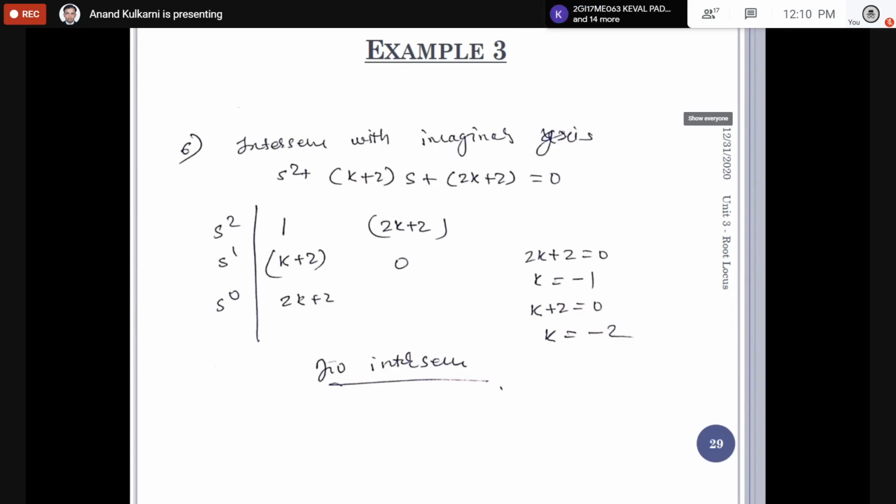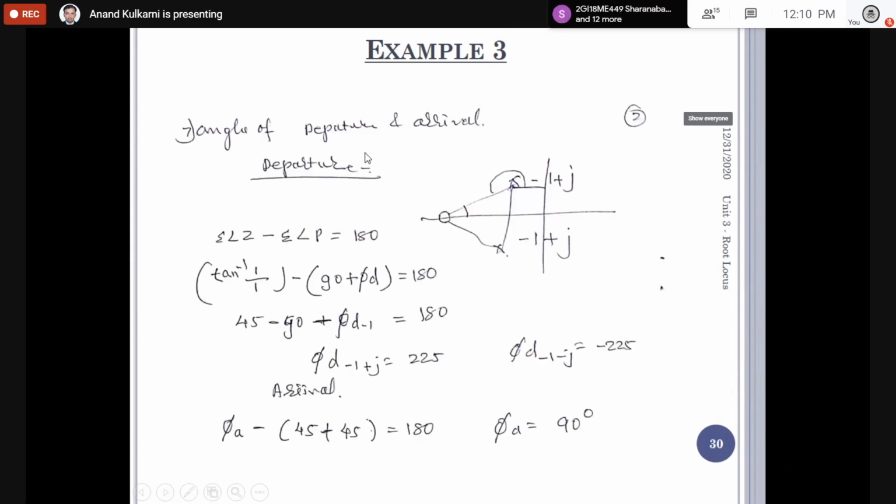In all the other problems we have seen so far, 3-4 problems, the root locus was cutting the imaginary axis. But here we are not getting any positive values of k. Hence the root locus will not cut the imaginary axis. That means there is no root locus on the right hand side of the S plane. From this only you will come to know the system will be always stable only.